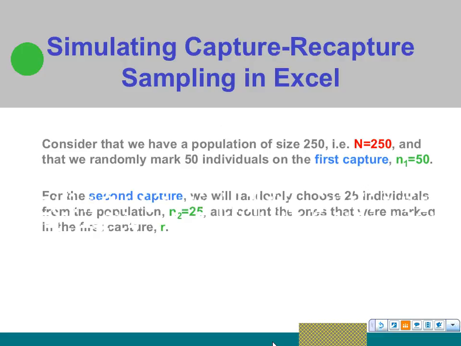For the second capture, we're going to choose only 25 individuals, so N2 is 25. Within these 25, we are going to see how many were marked, and this will be our R.